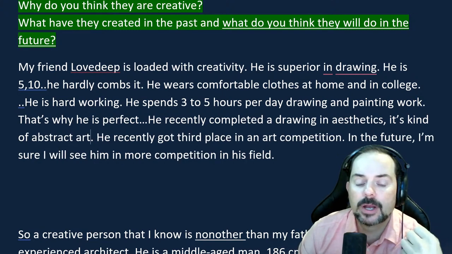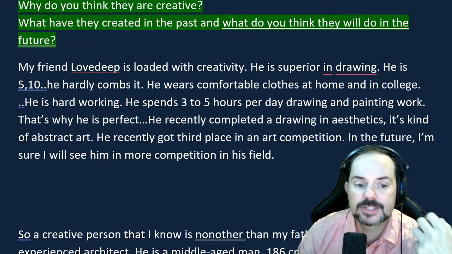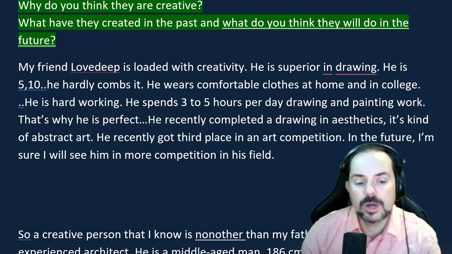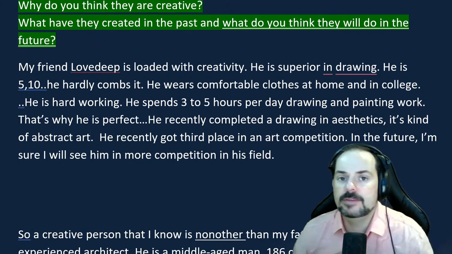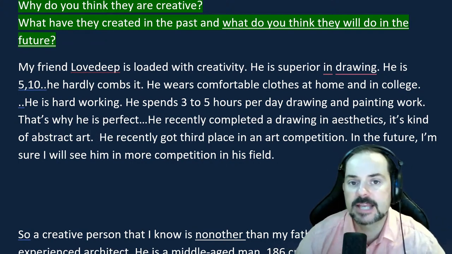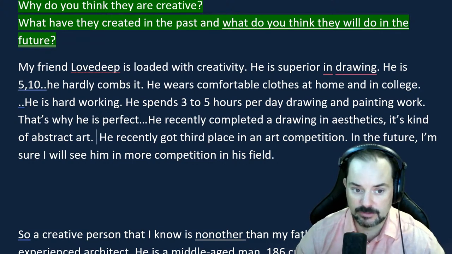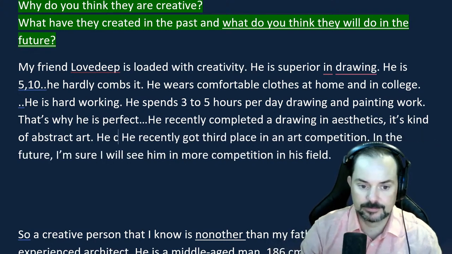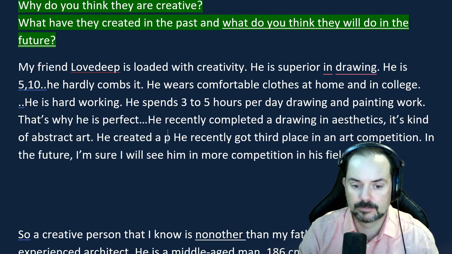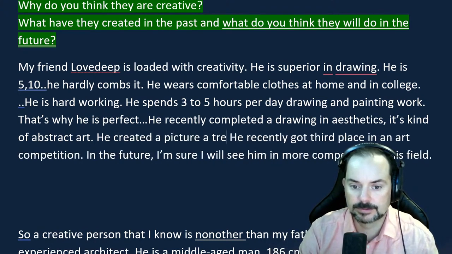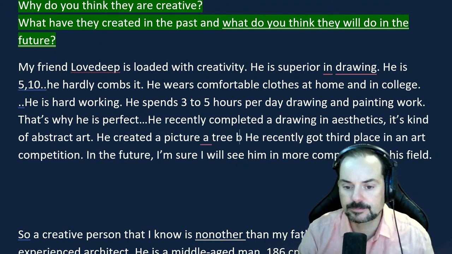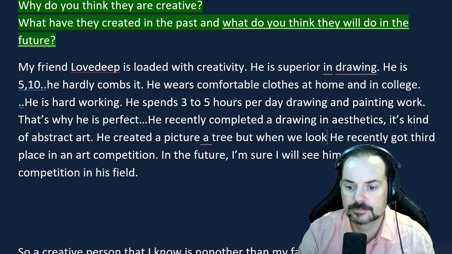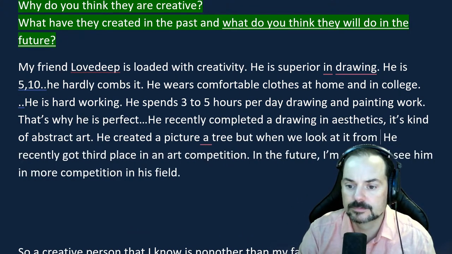So you said it's kind of an abstract art. Okay, what is it? So can you, even if you have to make it up, say what is this abstract art that your friend Lovedeep created? He created like a picture of a tree. But when we look at it from closer, then it looks like a tree.